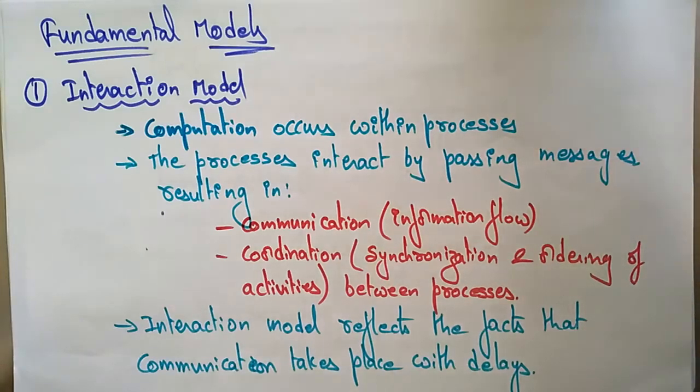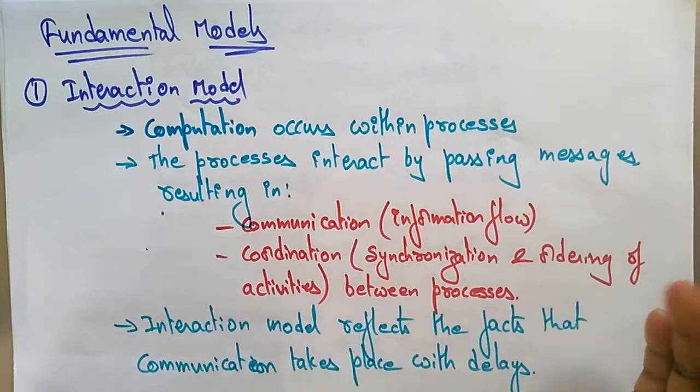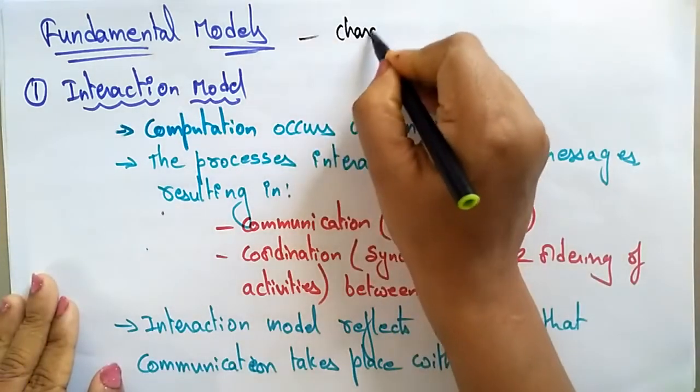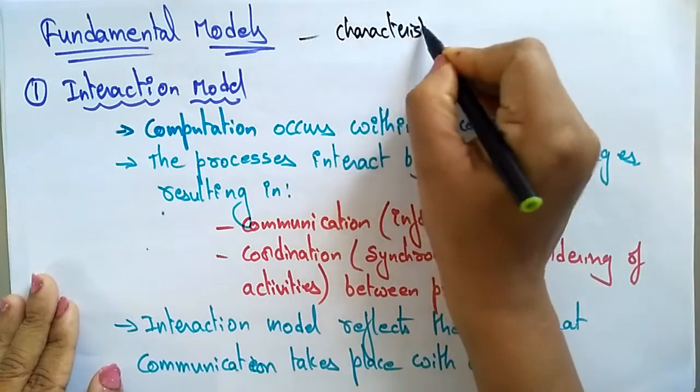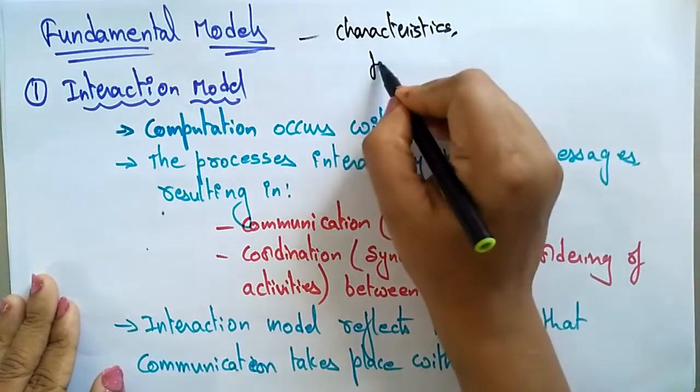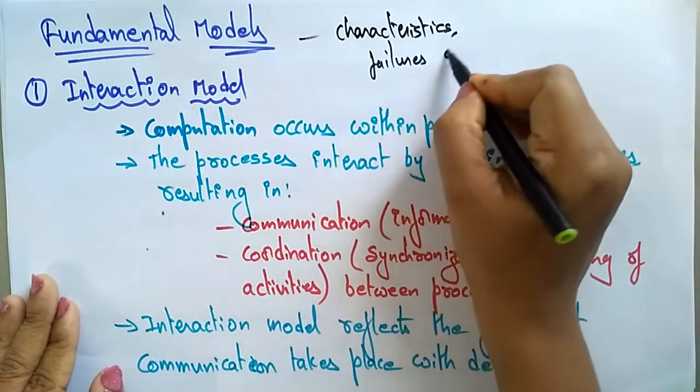Actually, I said the distributed computing models are of two types: one is the architectural model and the other is the fundamental model. The architectural model deals with the organization of components across the network, whereas the fundamental model is completely based on some fundamental properties like characteristics, failures, and security.